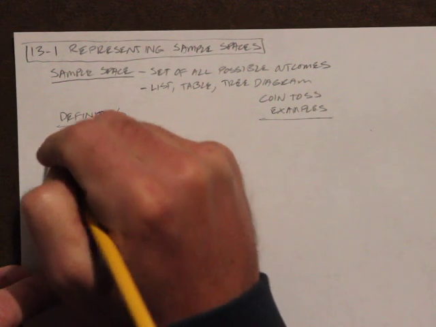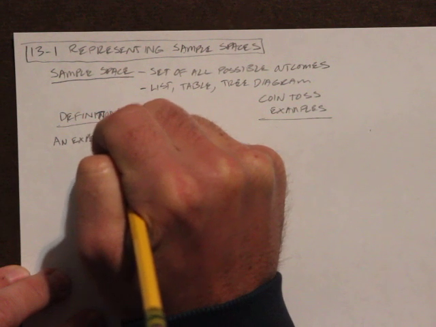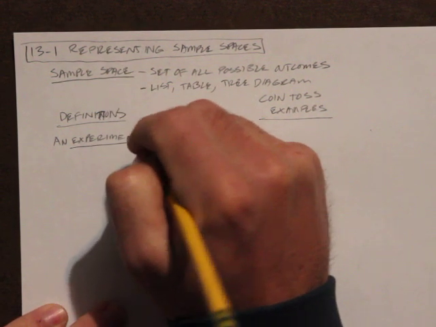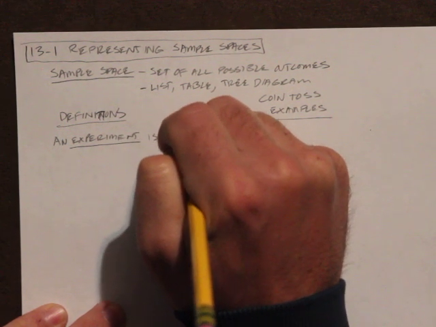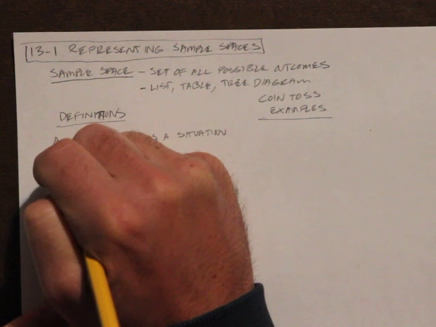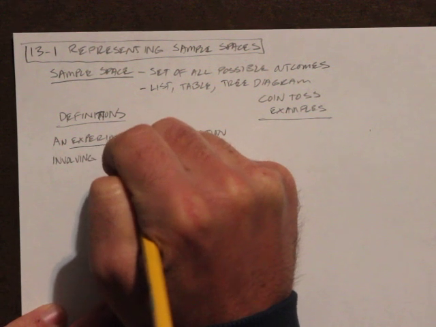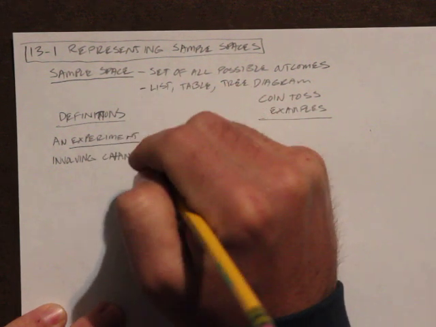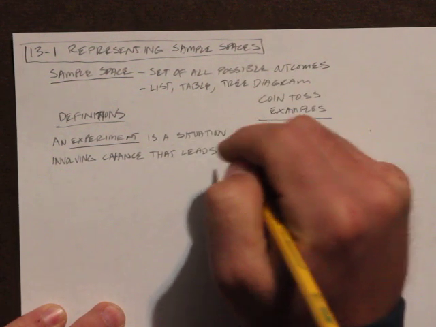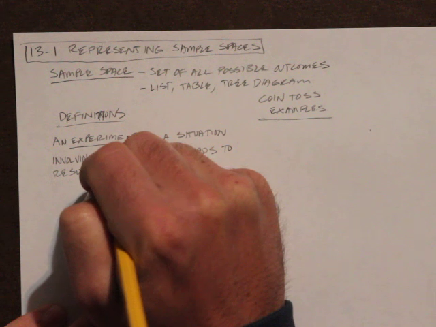So, a definition. An experiment is a situation involving chance that leads to results called outcomes.